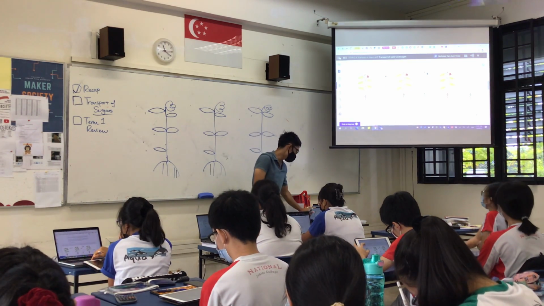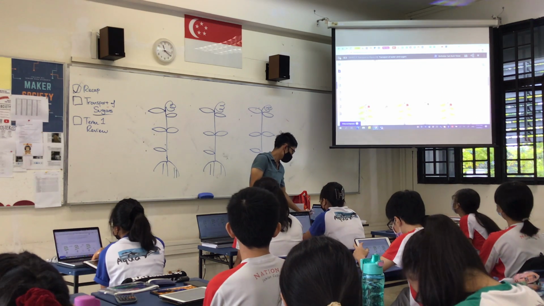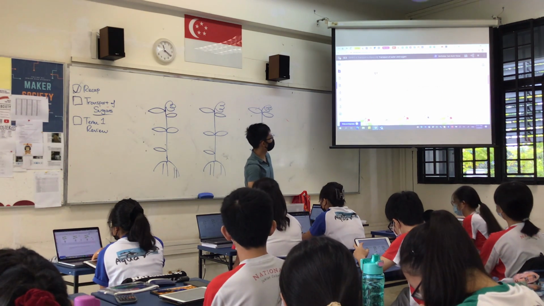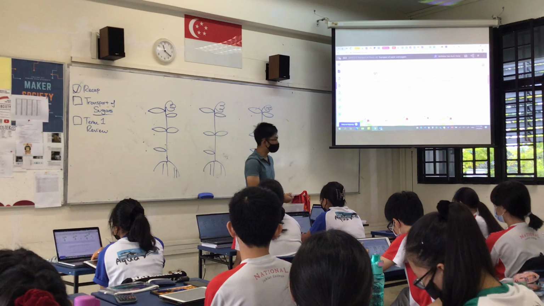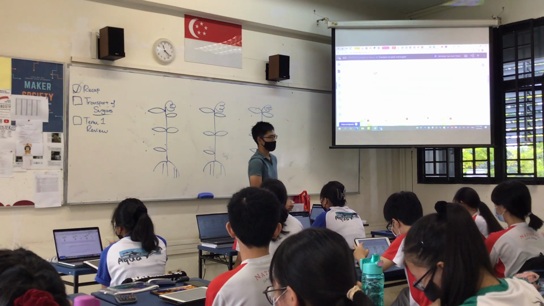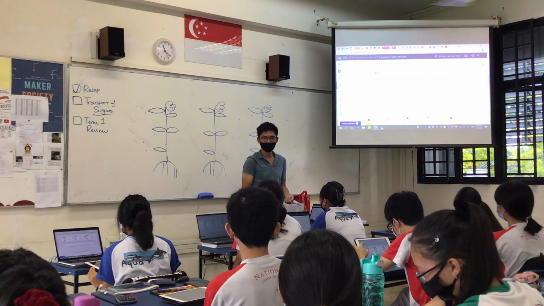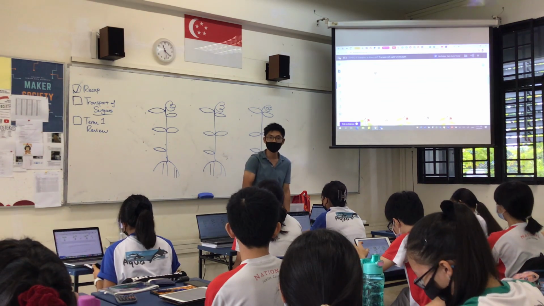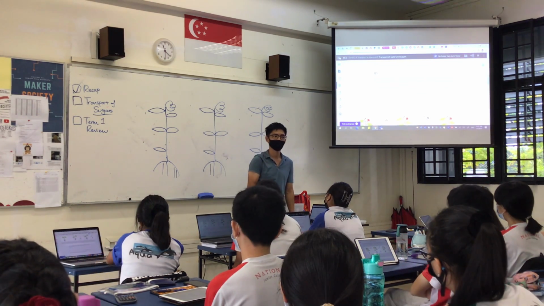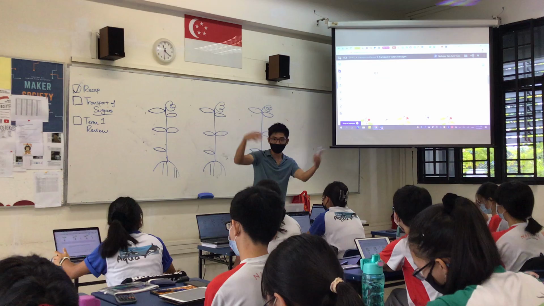Okay, let's try and make sense of this experiment. In question 1, radioactive isotopes can be used to track movement of sucrose. What is sucrose made up of? It's made up of carbon. Where does carbon come from? CO2 in the air.